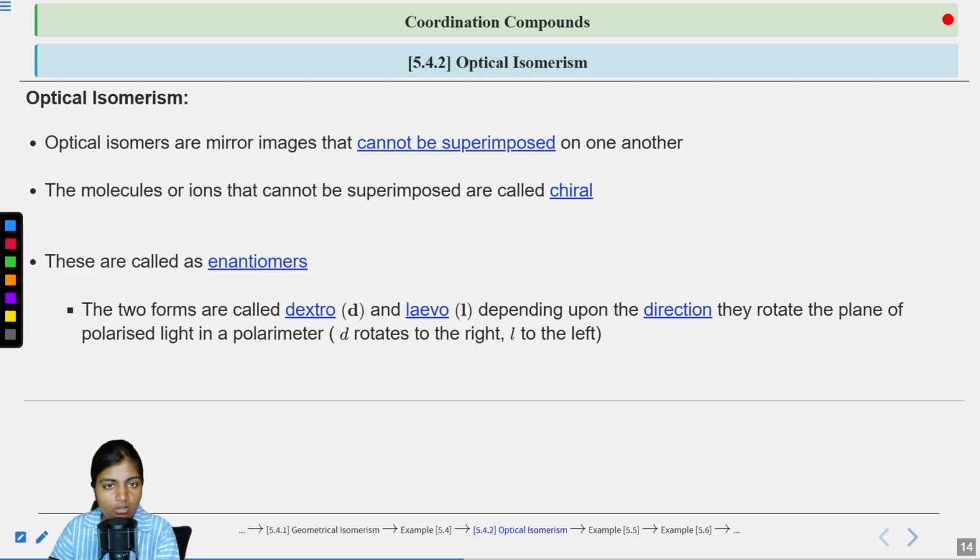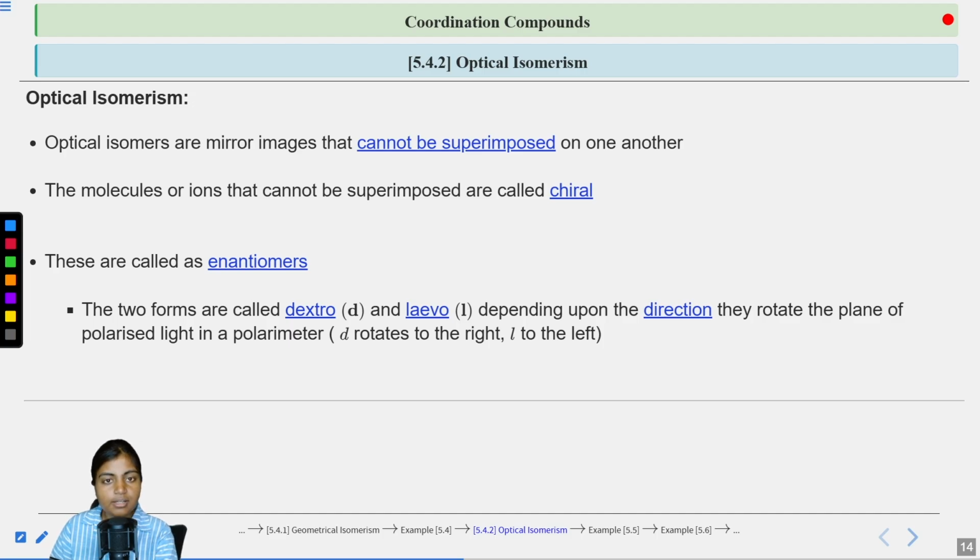The two forms are called dextro and levo. Enantiomers and optical isomers are the same thing, and they form two types of isomers, the dextro form and the levo form. Remember, geometrical isomerism shows two types of structure, cis and trans. Here, optical isomerism shows two forms, dextro and levo, represented by D and L, depending upon the direction in which they rotate the plane of polarized light in a polarimeter.